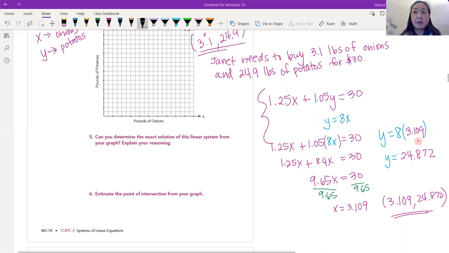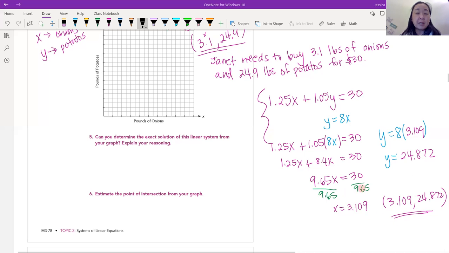But if you do have to round, then I would just go with 3 or 4 decimal places. That's usually accurate enough. And then we're going to go 8 times 3.109, which gives us 24.872, which we would round to about 24.9. Okay, so that's how that's going to go.